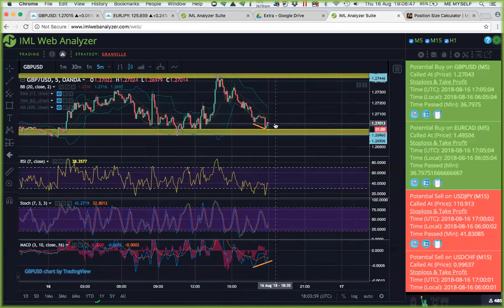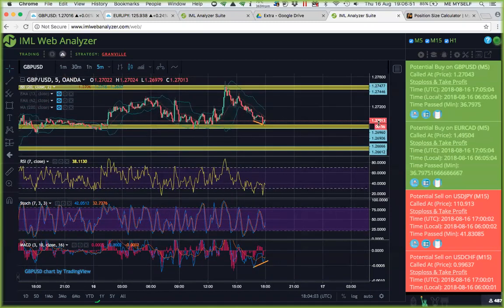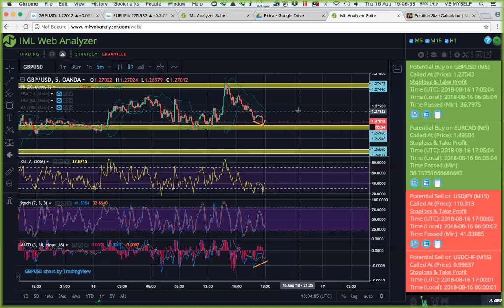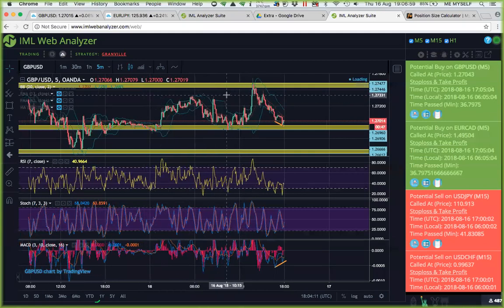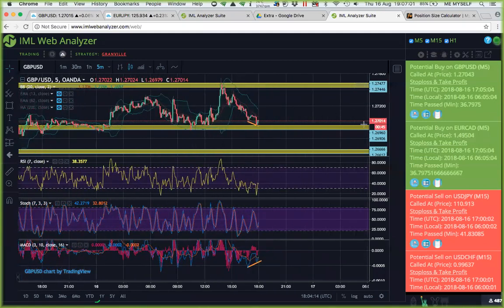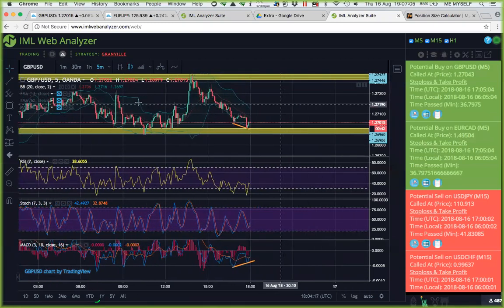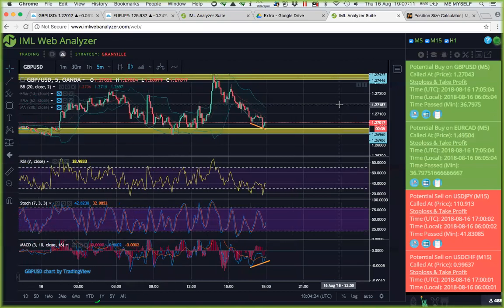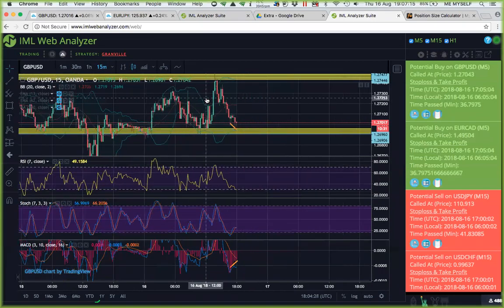And in terms of a take profit target now, we've marked these levels off where price has moved and bounced over the past few days, and now we could just use them to help us with our take profit targets. Now, let me just go to a 15-minute chart, a bigger chart.